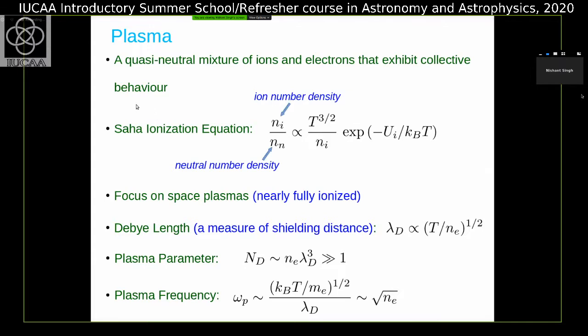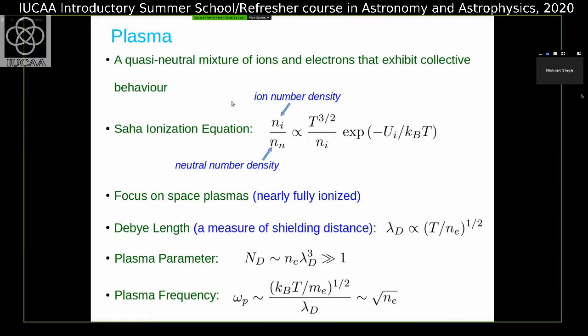You can take 1D motion: the plus is going towards plus x, electrons are going towards minus x, and the joint motion is giving you a current towards plus x, and any small element need not have any charge imbalance, while you have a finite current. So it's a quasi-neutral mixture, and that will exhibit a collective behavior.